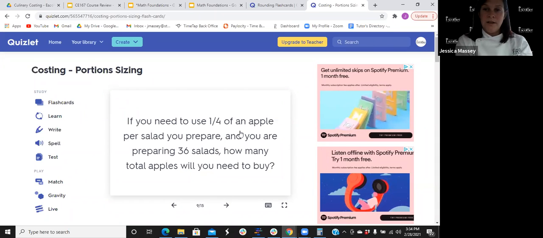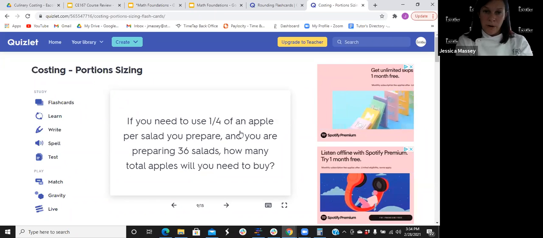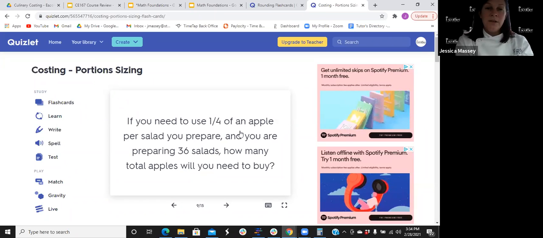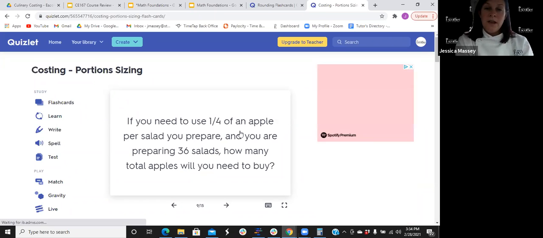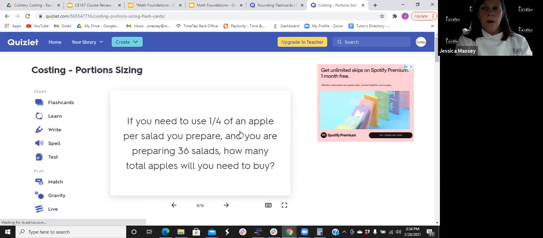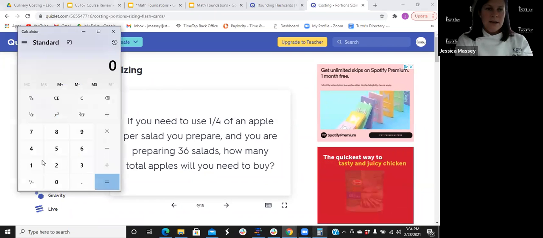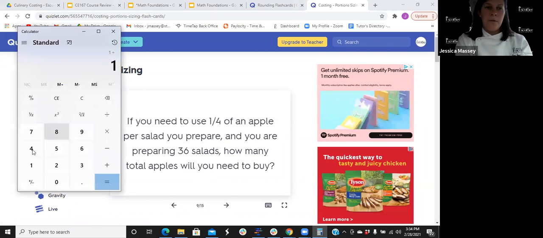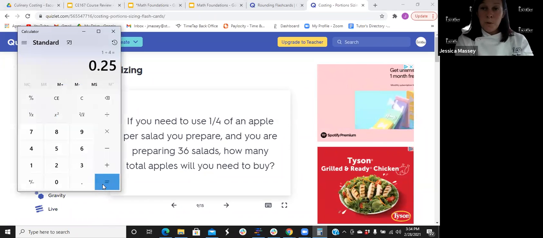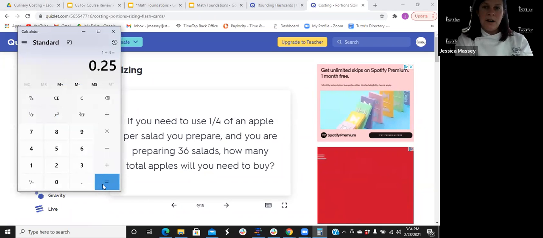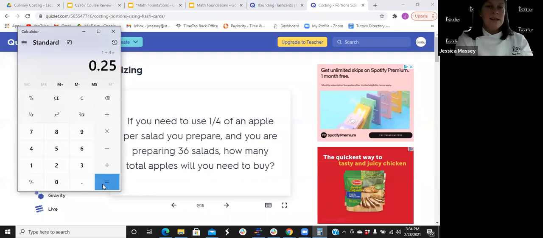When you see a fraction, it is a partial of a whole number. So think of 1/4 of an apple as 1 divided by 4. That top number and the bottom number, that fraction sign is just a divide. So if you take your 1 divided by 4, that equals 0.25. That is how we get our decimal.